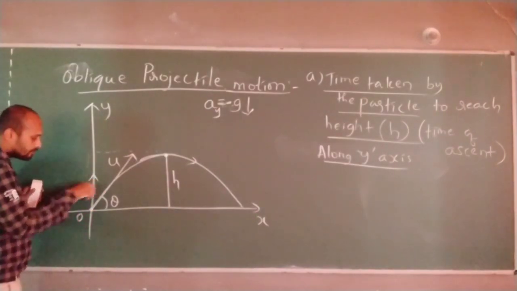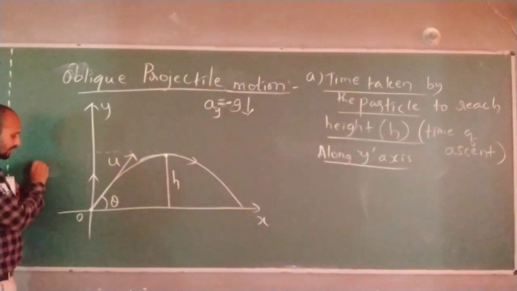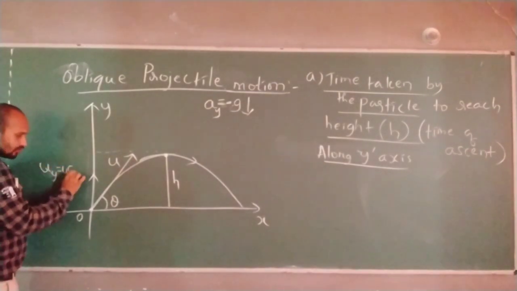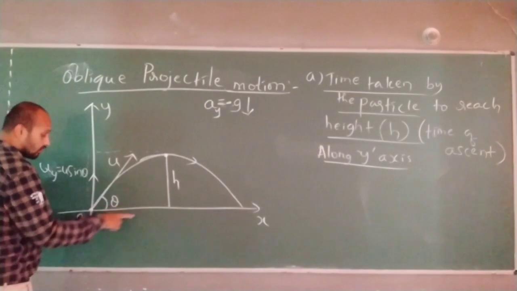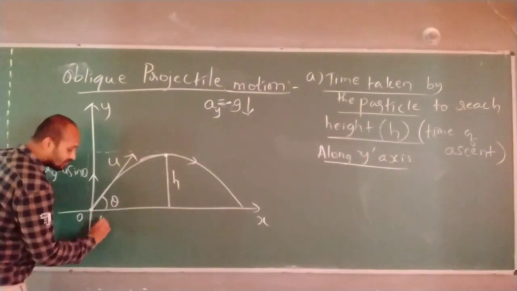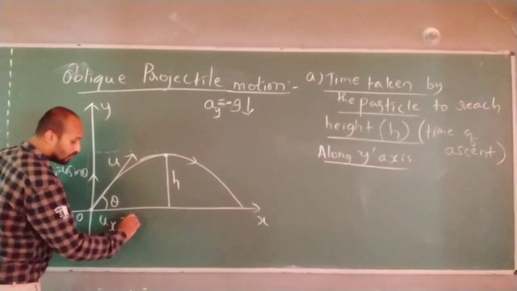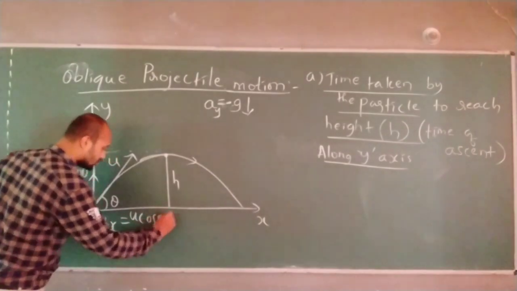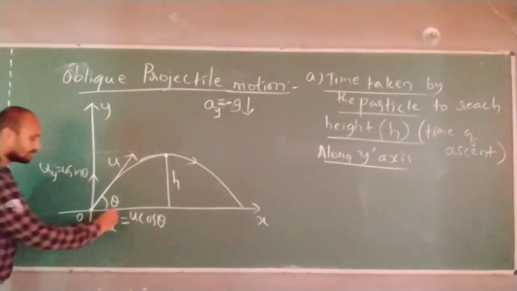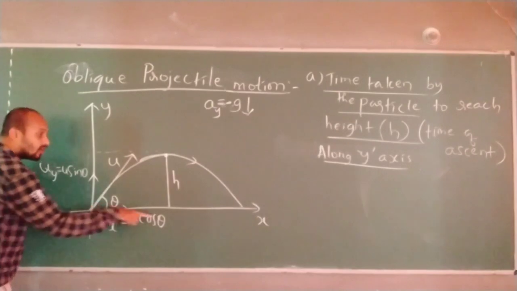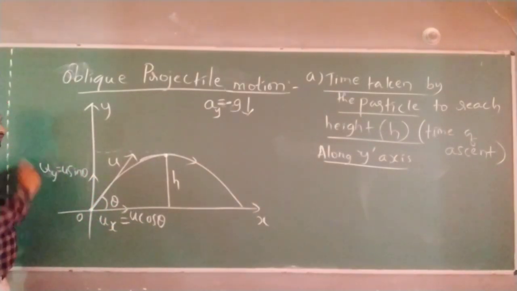Initial velocity will be uy is equal to u sin theta. And along the x-axis, ux is equal to u cos theta. This is the initial velocity along the x-axis and along the y-axis.